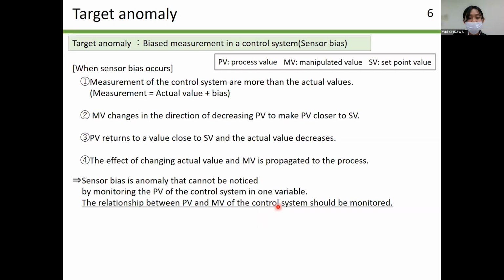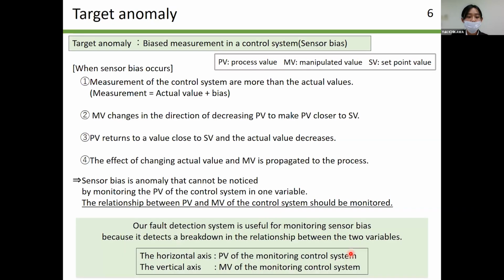Sensor bias is an anomaly that cannot be noticed by monitoring the PV of the control system as a single variable. The relationship between PV and MV of the control system will be monitored. In our detection system, we consider that it is possible to detect sensor bias from a breakdown in the relationship between the two variables by setting the PV on the horizontal axis and the MV on the vertical axis.